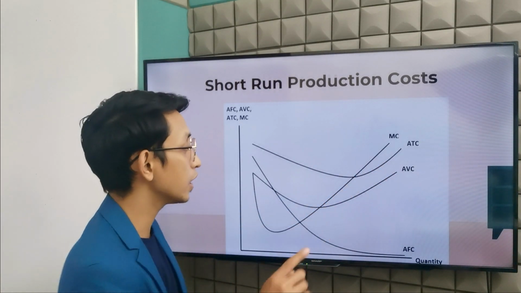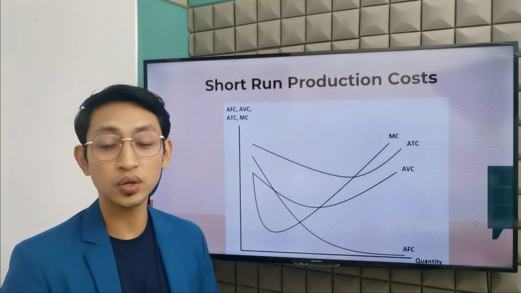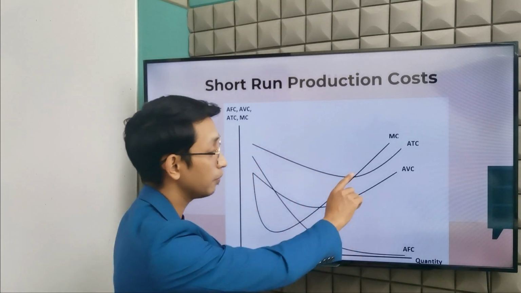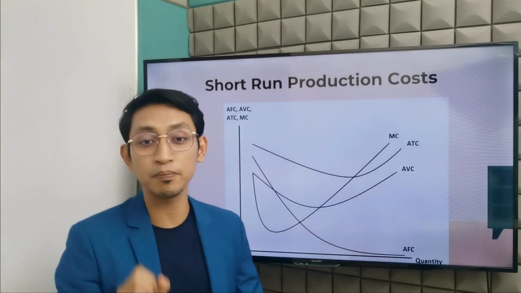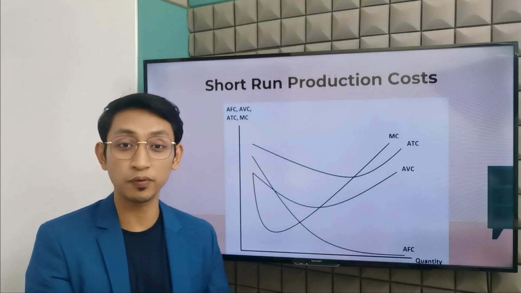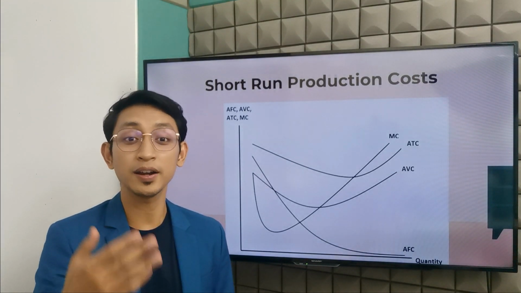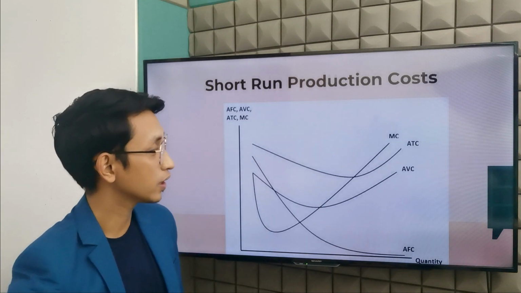Why intersection? Because when ATC intersects with marginal cost, MC, it means that average total cost is at its minimum point. When the cost is minimum, isn't that good for your company? Good. So it represents the efficiency point of your company.